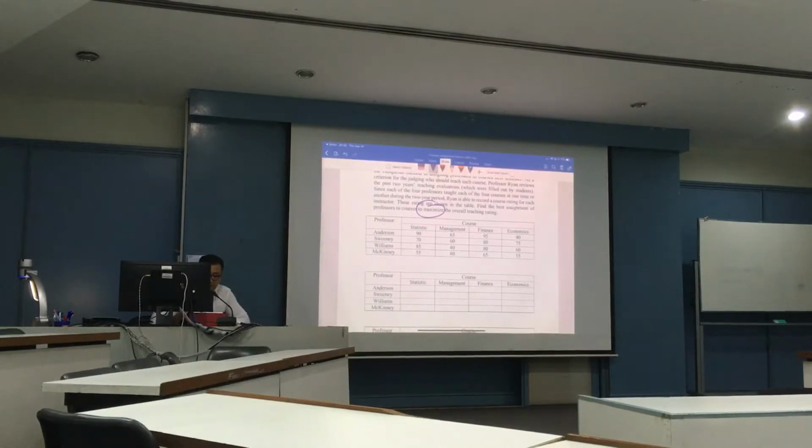Firstly, for maximization, we need to change max to min. To change from maximize to minimize, we look for the highest value in the table, in this case 95, and use this value minus all of the values in the table.